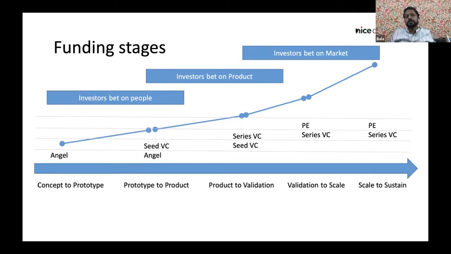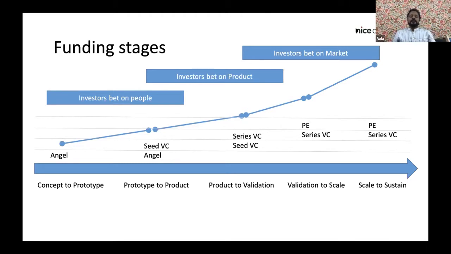So they look not just at you, but at how innovative your solution is, what kind of problem you are solving, and whether it is really a good problem and a good quality solution. They will give you money based on that analysis, because they do have some signals on the product and maybe a little bit of traction. That's what we call the seed level to about Series A, Series B of VC investments.